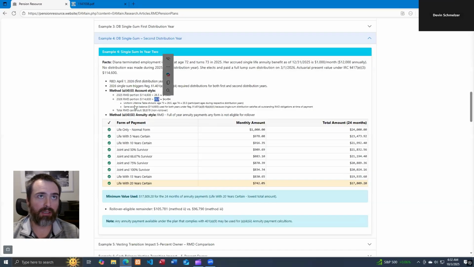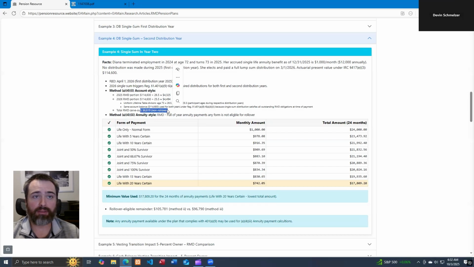In the first year, you have that special rule to use everything accrued as of the end of the year, and thereafter you look back, and by that look back, you're going to use the same account balance for their second year distribution as you do the first year distribution. But with the second distribution year, you use their age as of that year. So now we look up the factor, it's 25.5, for 4,494 that is not eligible for rollover. So add those two up, that is $8,819 that isn't eligible for rollover under the account balance method.